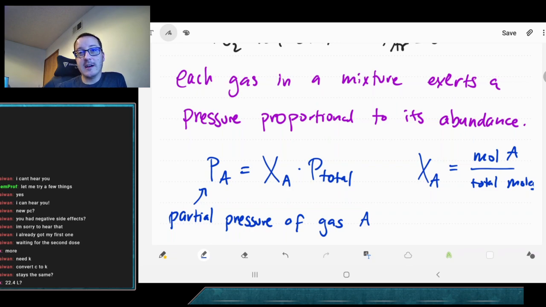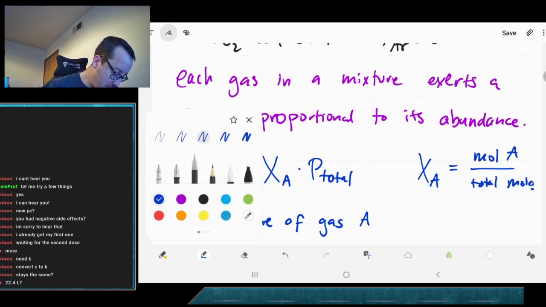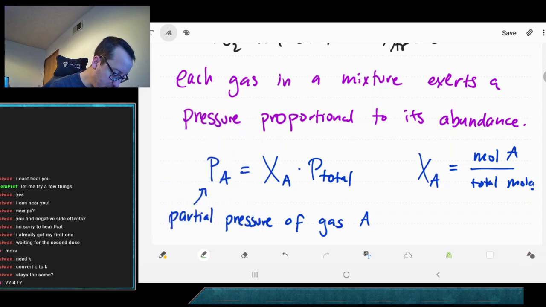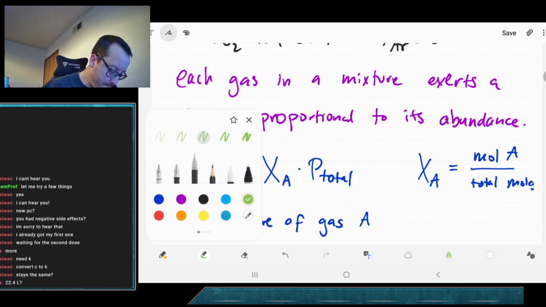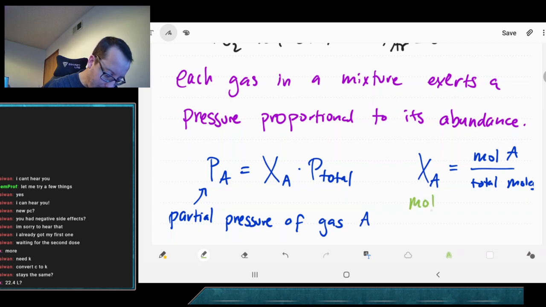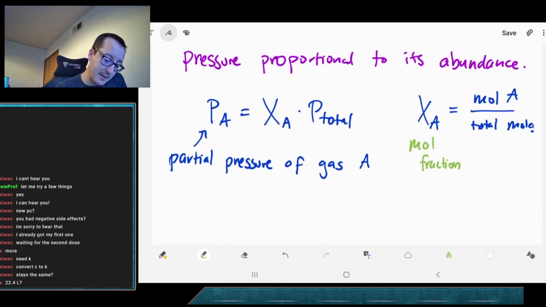You remember when we talked about mass percent, we talked about the mass of something over the total mass. Mole fraction is the moles of whatever you're looking at divided by the total moles. And that can often be written as a percent.